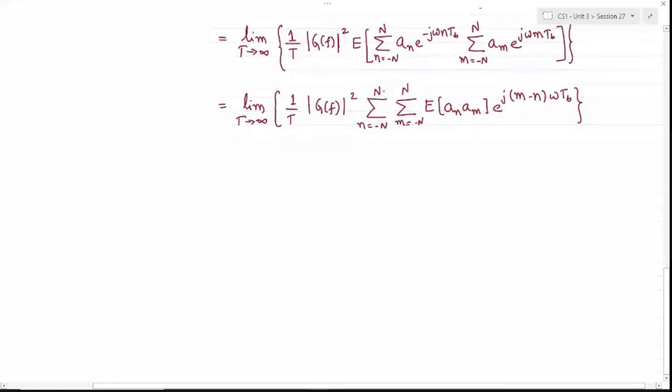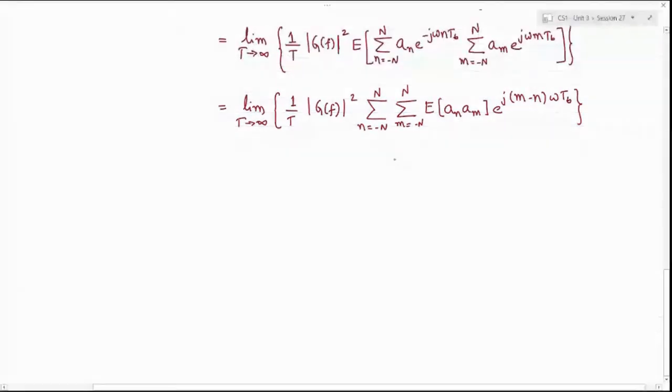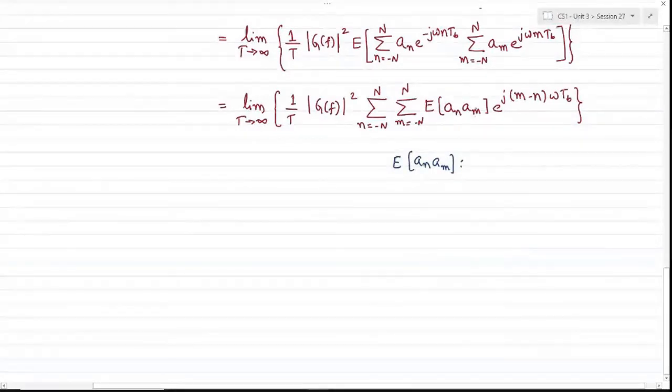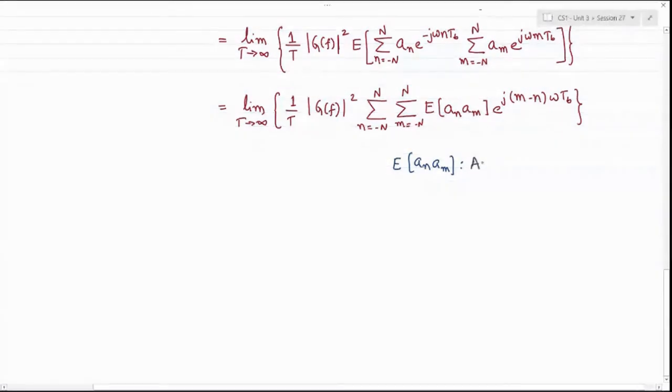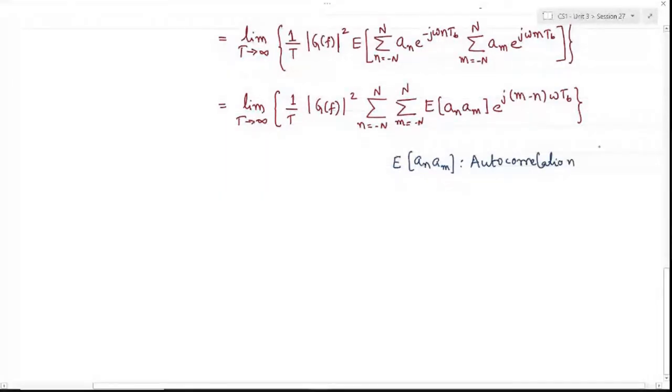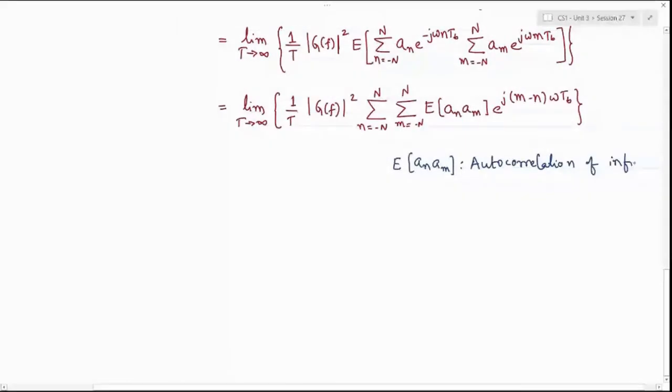Note that the expectation of a_n times a_m is the expectation of two random numbers taken at two different instances of time. So this is the autocorrelation of your infinite-period data sequence.